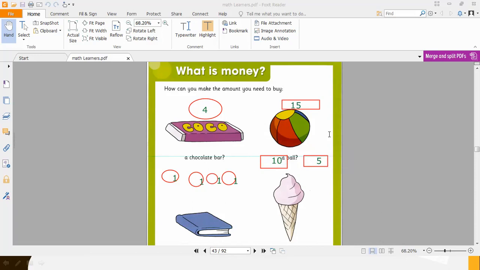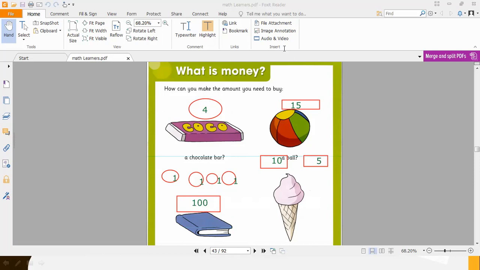Okay, a book. How much does a book cost? The cost of the book is 100. So to buy the book, how much money should we have in our pocket?